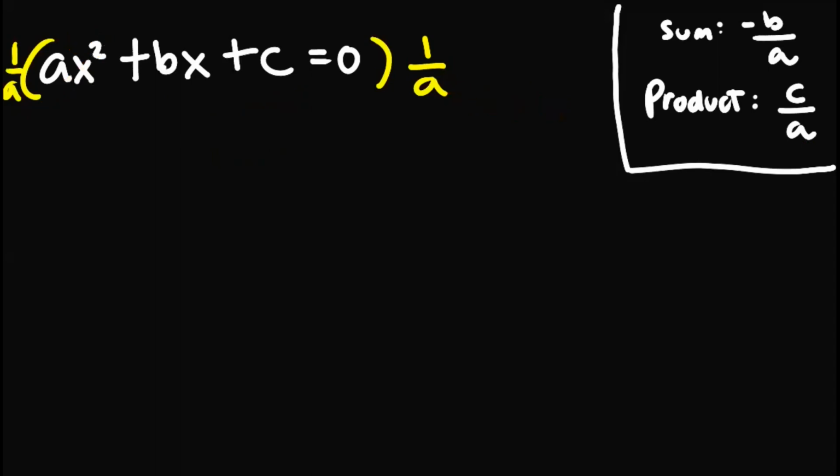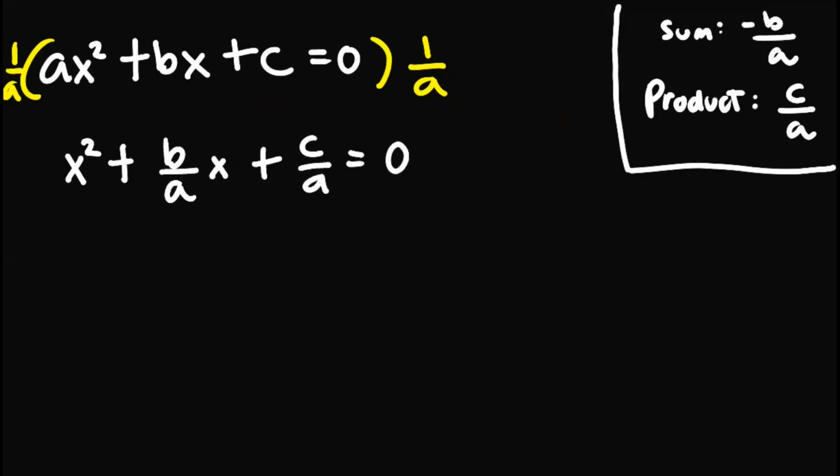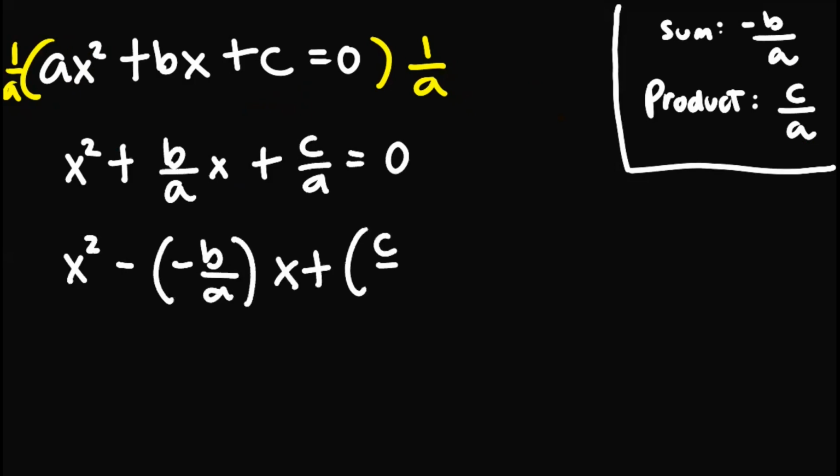So dividing by a both sides, we'll obtain x² + (b/a)x + c/a = 0. And from here, note that we can rewrite this middle term into x² - (-b/a)x + c/a = 0.